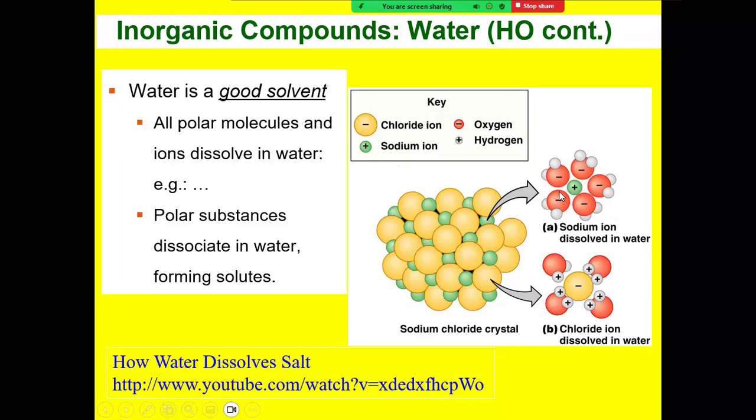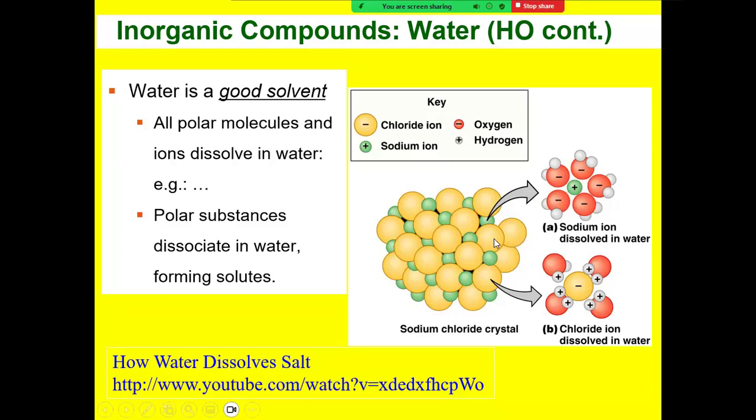A bunch of water molecules will come up, surround that positive sodium +1, and take it into solution with the oxygen facing the positive +1 sodium ion. Remember, the oxygen is only a partial charge, but it'll be surrounded by several water molecules like this, and then the positive sodium +1 ion will come into solution.